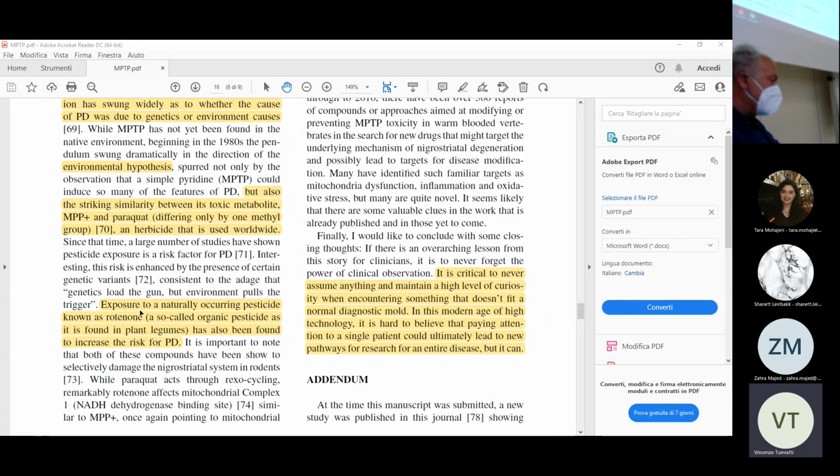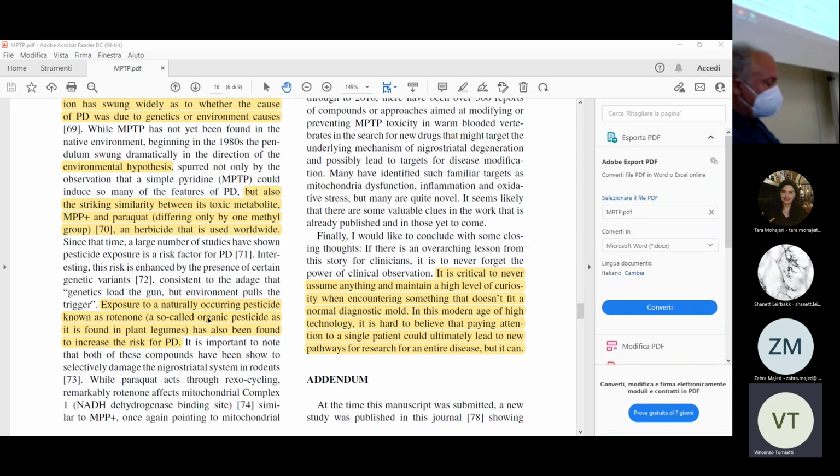And so perhaps the appearance of this disease can be related to exposure of humans to pesticides. This can represent one of the first hypotheses to explain why Parkinson's disease appears in some guys and not in other guys.